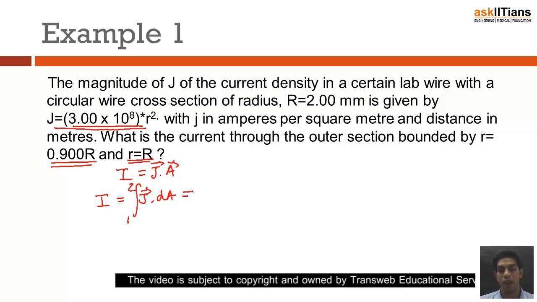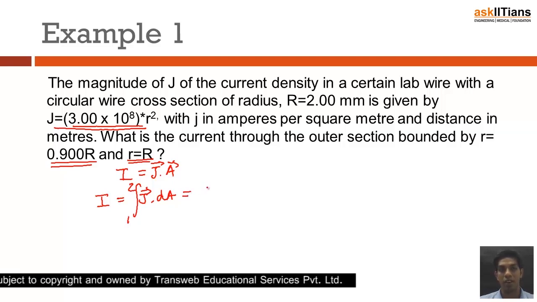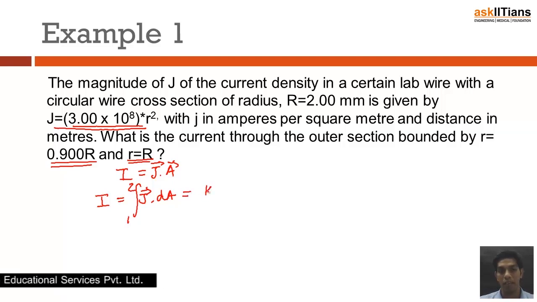If we substitute the value of J, let's say 3 × 10^8 is denoted by K, so it's K r².